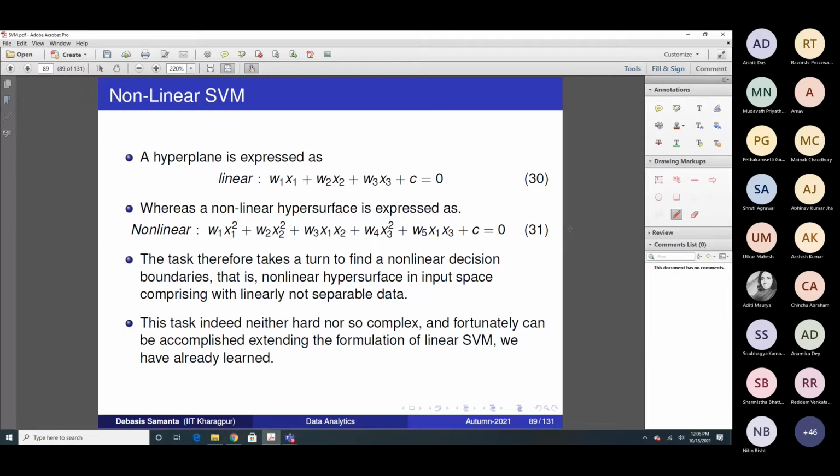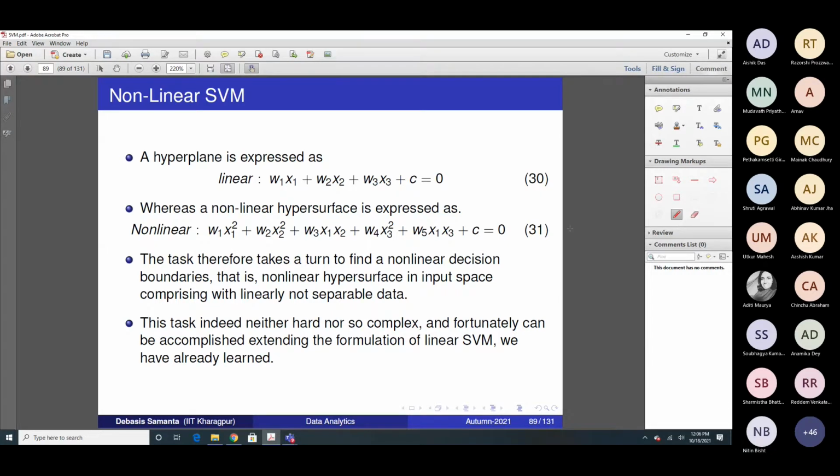So this is the equation of a plane in 3D space. The same idea can be extended if there is n-dimensional data. So w1 x1 plus w2 x2 plus w3 x3 plus dot dot dot plus wn xn if the data are with n dimension. So linear form means these are simple variables multiplied by some weight coefficients, and that's all.